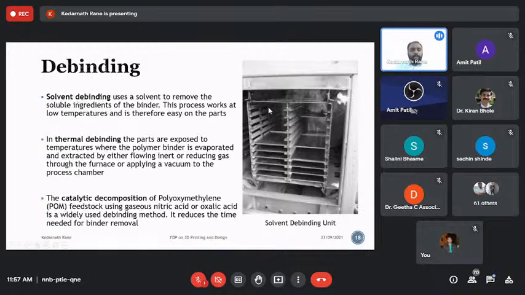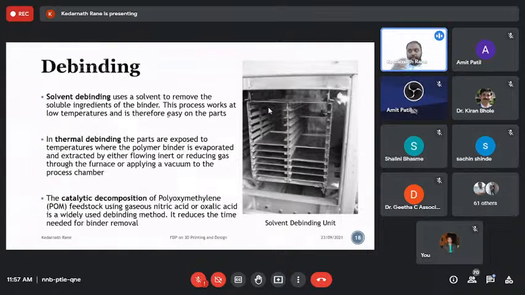One is solvent debinding, where you are removing soluble constituents from the binder system. And this is not typically melting of the binder, but basically a diffusion based system.